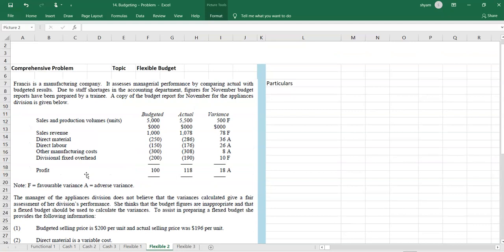So let's work out the problem. So budgeted, flexible budget, actual.